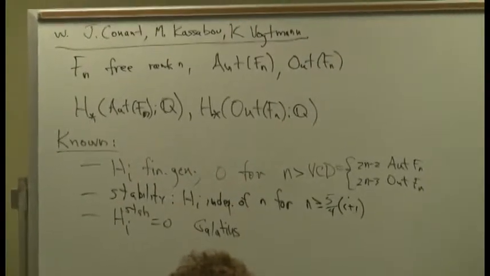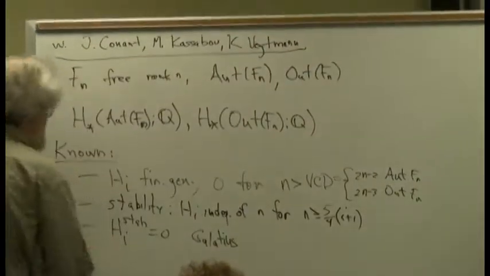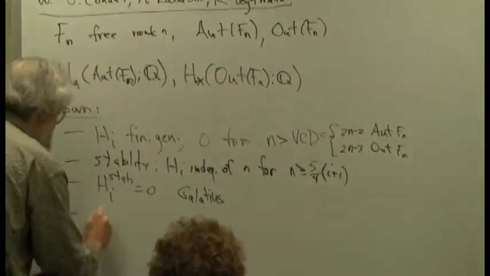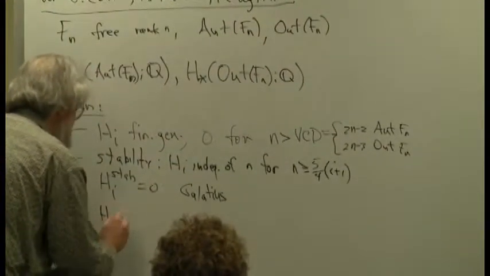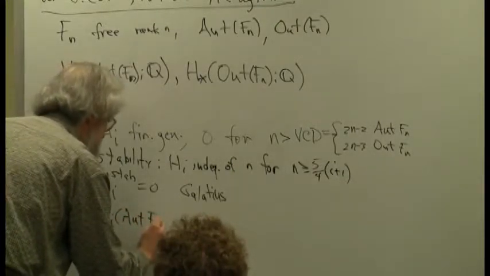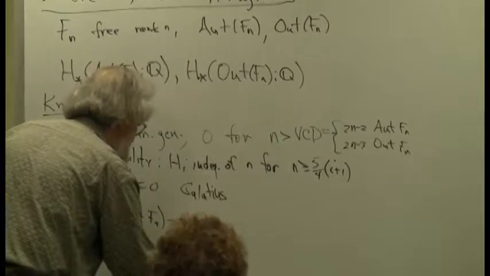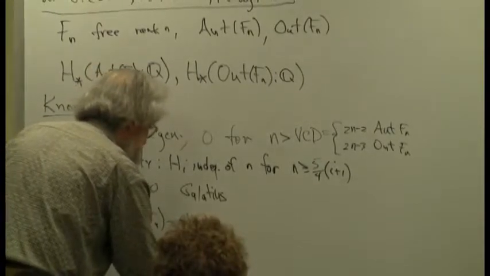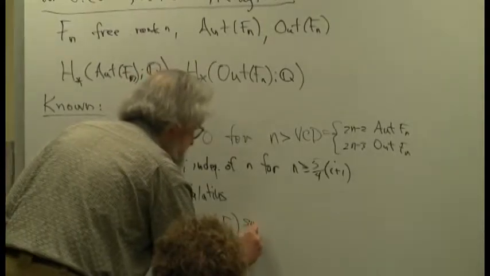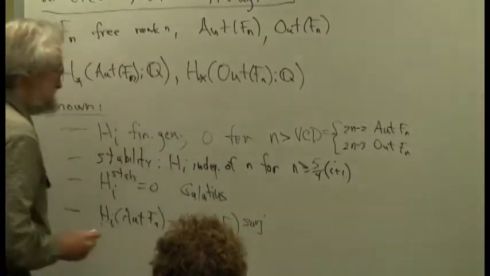Another fact that's known is, there are the two cases, Aut and Out. There's a natural map from Aut(Fn) to Out(Fn), with rational coefficients. This is surjective, always.